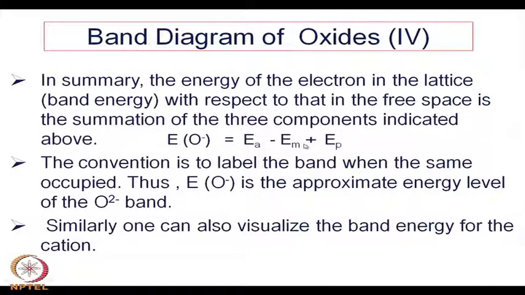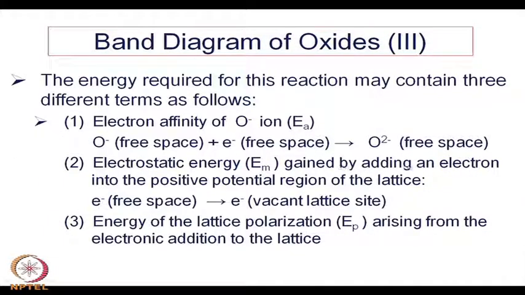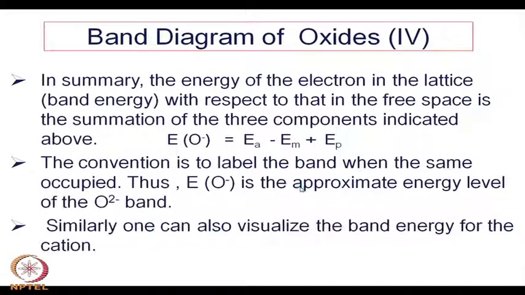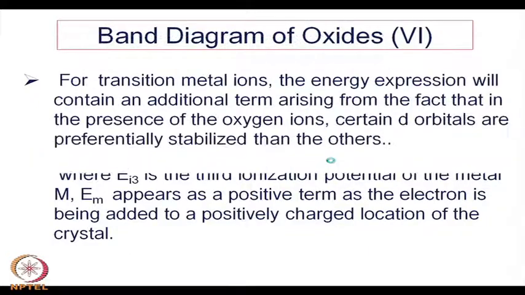here is also the EM component, that is the energy gained by the electron in the positive potential, what we earlier discussed, and here also the EM is there, but it is a positive term. Earlier it was a negative term, it is a positive term now, and this is EP, polarization, which is always positive.